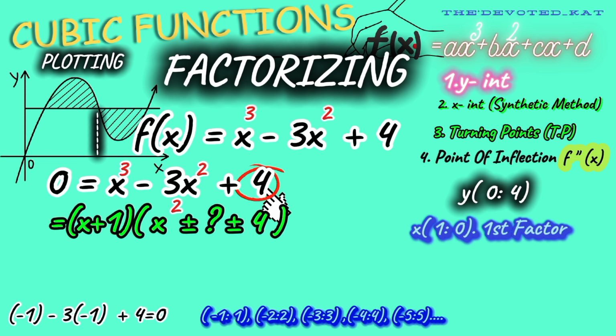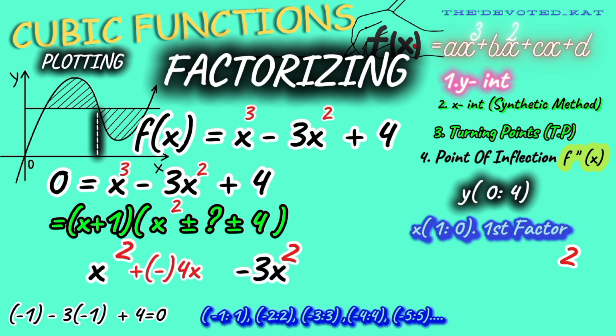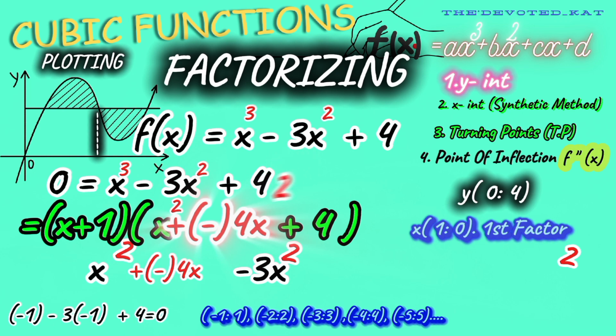To find the middle term, remember we want that negative 3x squared. I already have this positive 1 times x squared, which will give me x squared. And I want negative 3x squared, so to make this true, we should add negative 4x squared.